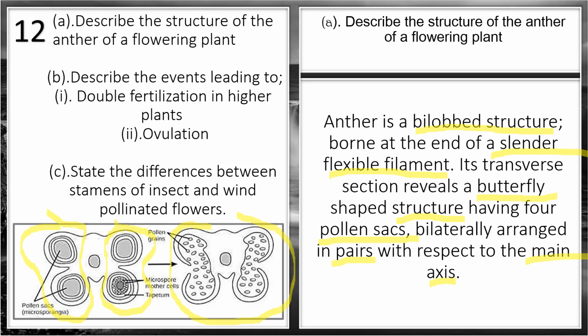It has 4 pollen sacs: there is this pollen sac here, that is the second one, there is a third one, and we have the 4th pollen sac also there. They are arranged in pairs with respect to the main axis.